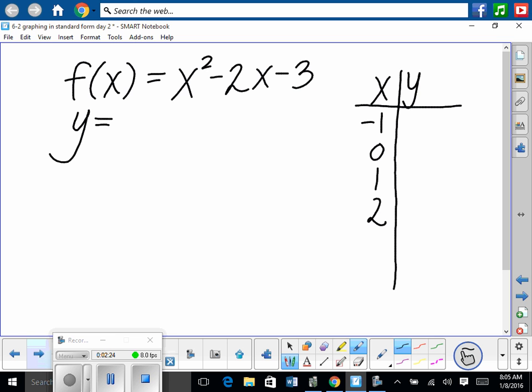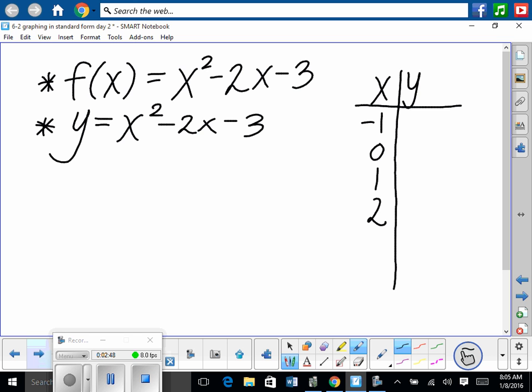This is just saying we have a function of x. You're going to see that notation a lot more in secondary math 2. Is everybody okay with that? But really, f of x is the same thing as y. So y is equal to x squared minus 2x minus 3. This and this are the exact same thing.